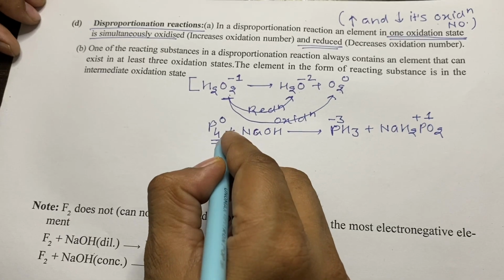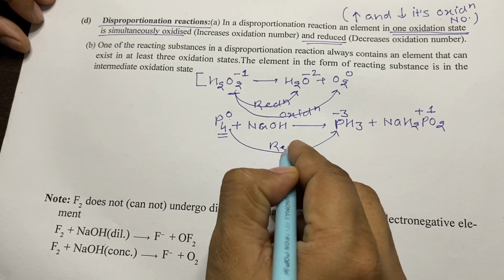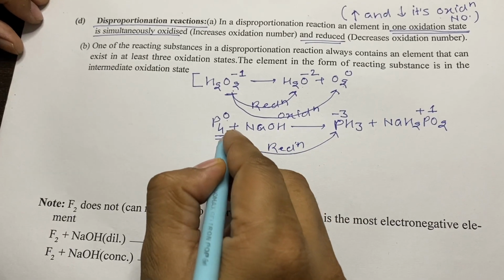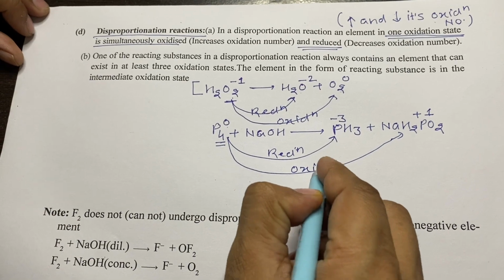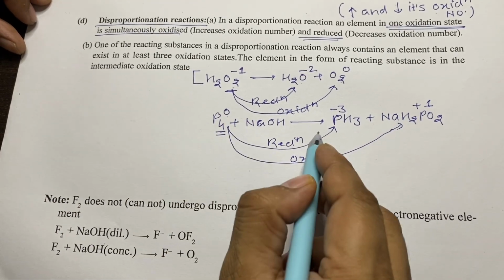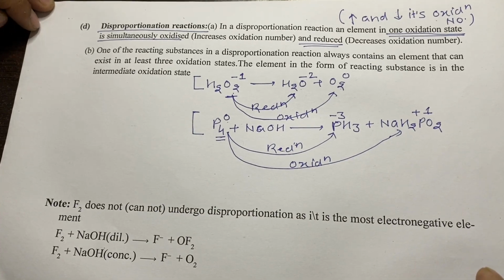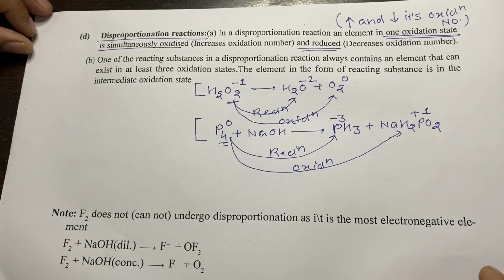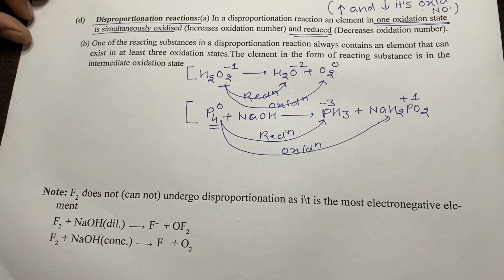Phosphorus is changing its oxidation state from 0 to -3, so it is reduction, and from 0 to +1, so it is oxidation. Because the same element is undergoing oxidation and reduction, or we can say the same element is undergoing increase and decrease in oxidation number, it is a disproportionation reaction.